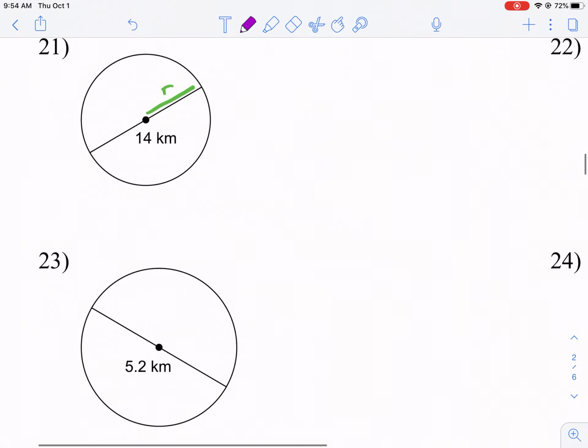The diameter is a line that goes through the middle and touches both edges of the circle. A radius is half the diameter. So a radius goes from the center of the circle to the edge, to the circumference of the circle. So diameter is equal to 2 times the radius.